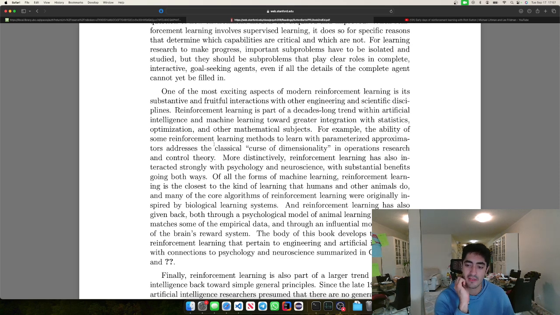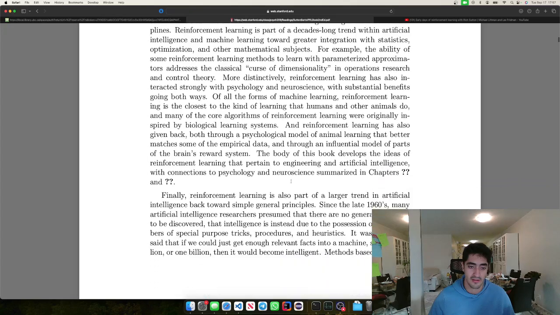And reinforcement learning has also given back both through a psychological model of animal learning that better matches some of the empirical data and through an influential model of parts of the brain's reward system. The body of this book develops the ideas of reinforcement learning that pertain to engineering and artificial intelligence, with connections to psychology and neuroscience summarized in chapters.